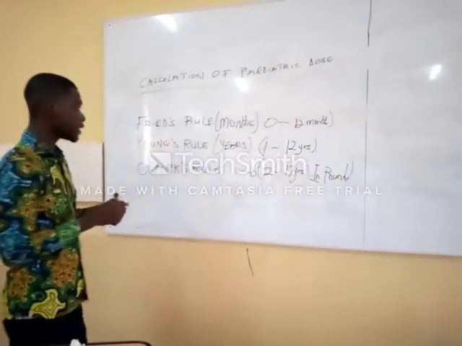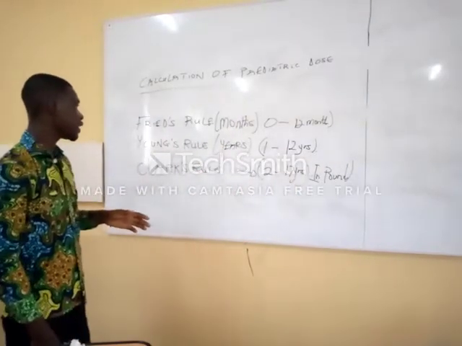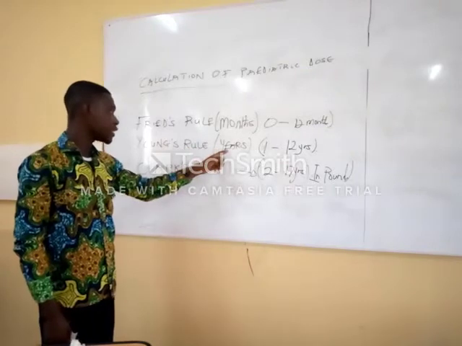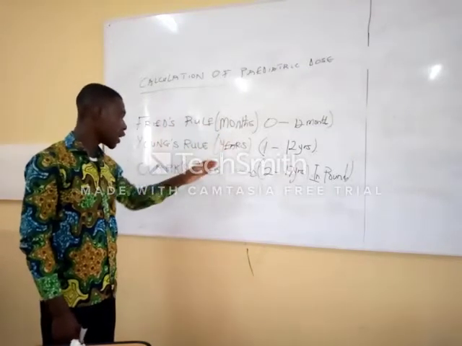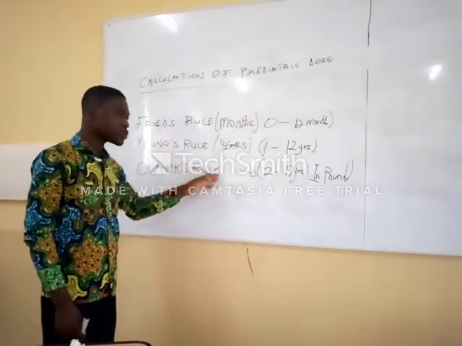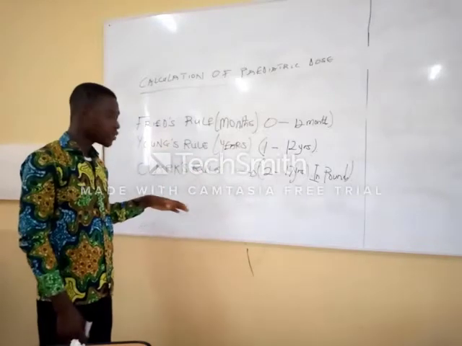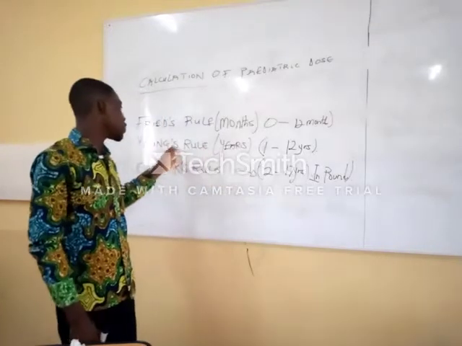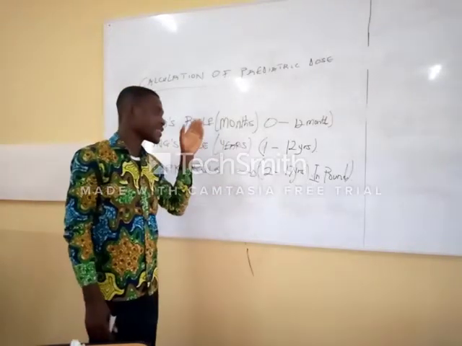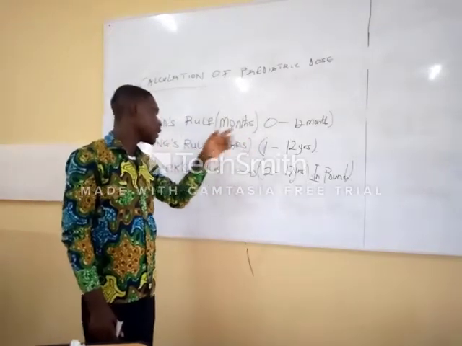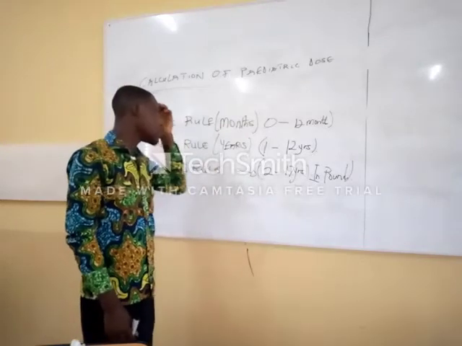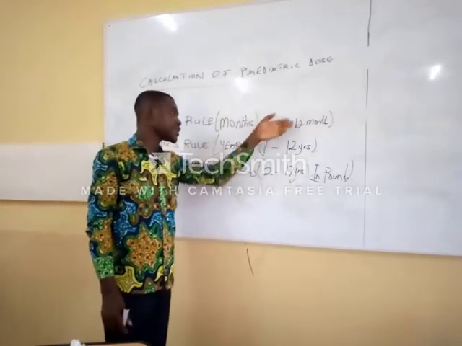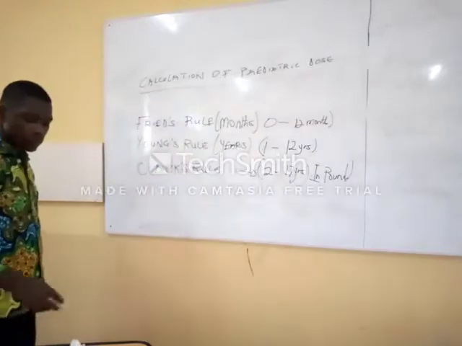Let's say, for simplicity's sake, Jones' rule is in years, Fried's rule is in months, and Clark's rule deals in weight. So this one deals with the weight of the child. This one deals with the years that the child has existed right from birth, and then Fried's rule deals with the months of existence of the child.